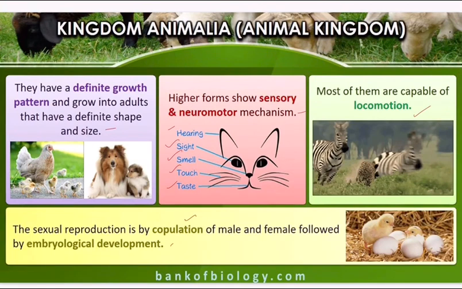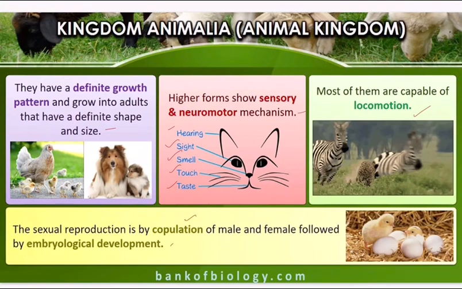And moving to next one, that is before we go to the viruses and viroids, we can say kingdom Animalia consists of heterotrophic, eukaryotic, multicellular organisms which have cells that lack cell wall and chlorophyll. They show holozoic nutrition and depend on plants either directly or indirectly.